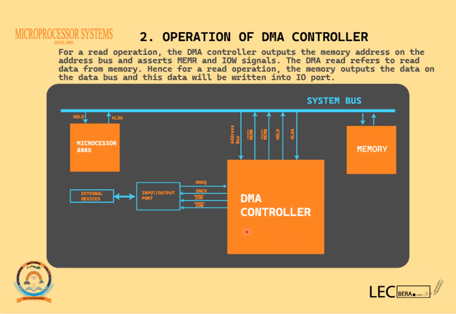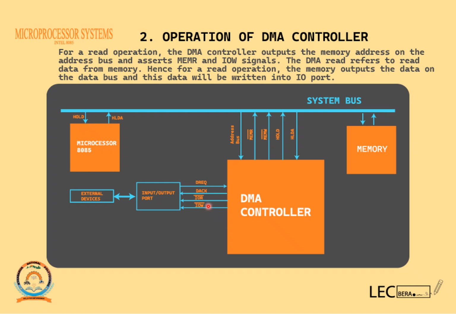So for the read operation, it means that we are reading data from the memory and writing it to the external devices. For that to happen, the DMA controller is going to assert the memory read signal low. Another signal which is going to be asserted low is the input-output write signal.